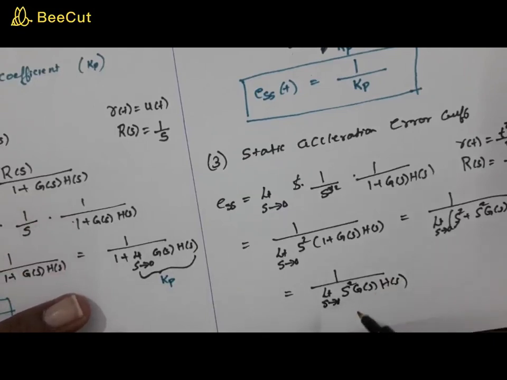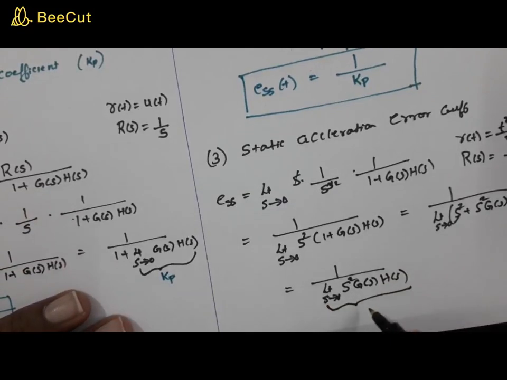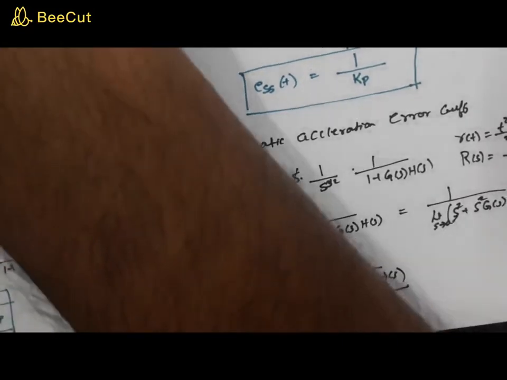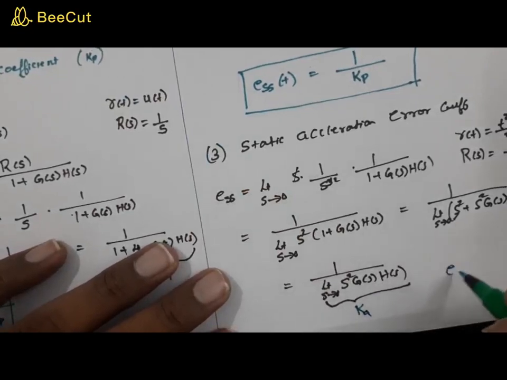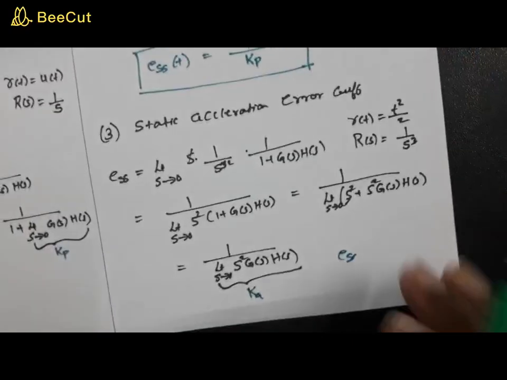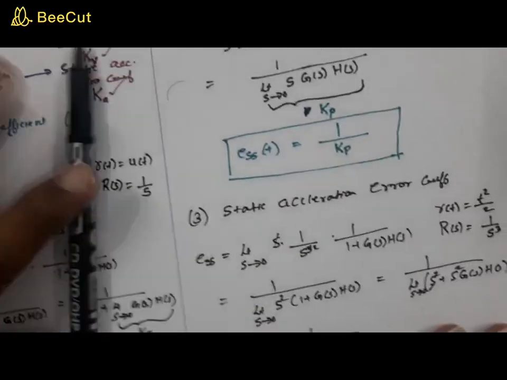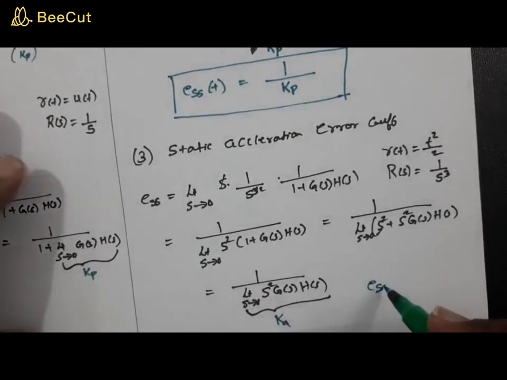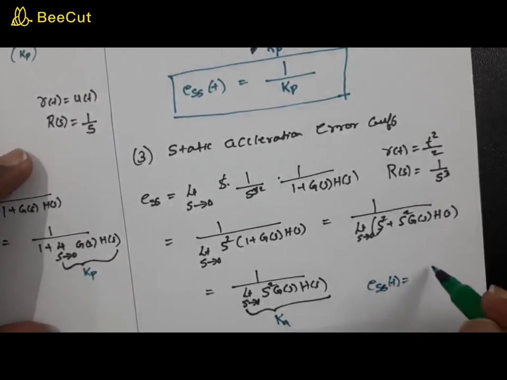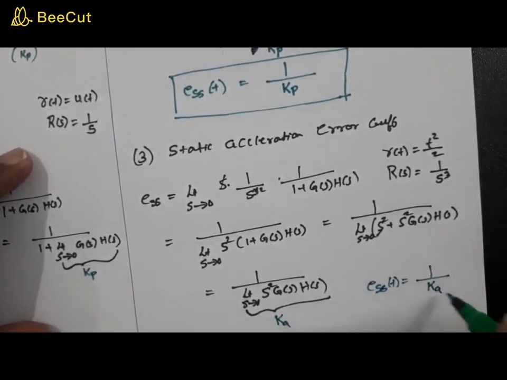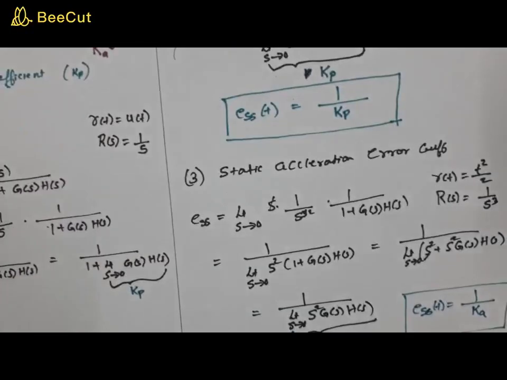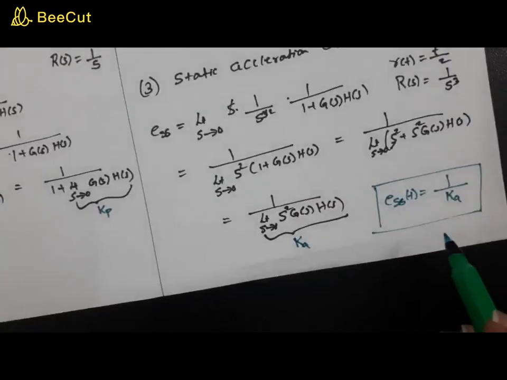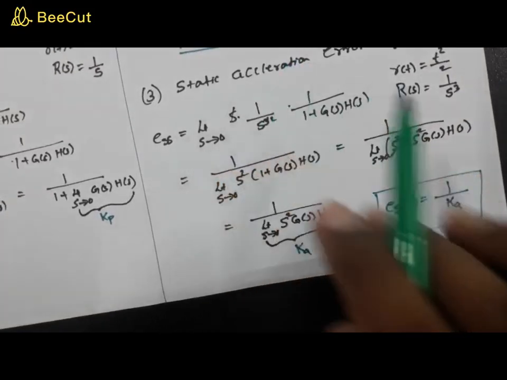This is what is called Ka, the static acceleration error coefficient. So e_ss(t) is equal to 1 by Ka, the steady state error associated with a parabolic input, represented in terms of the static acceleration coefficient.